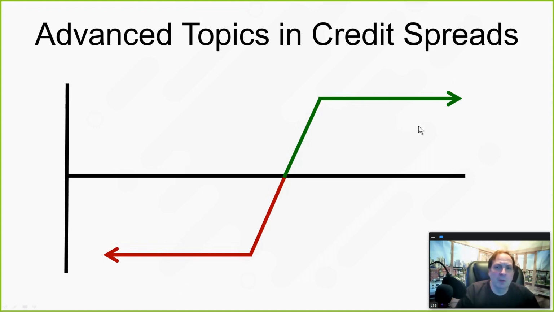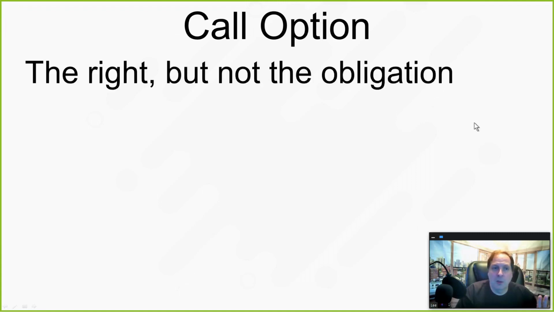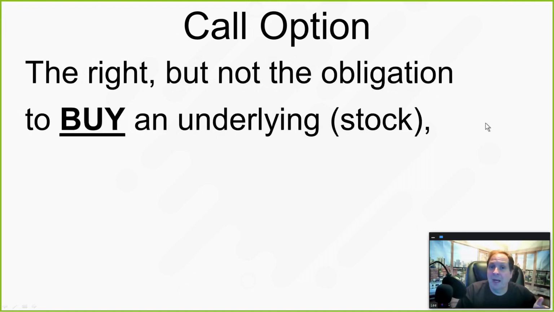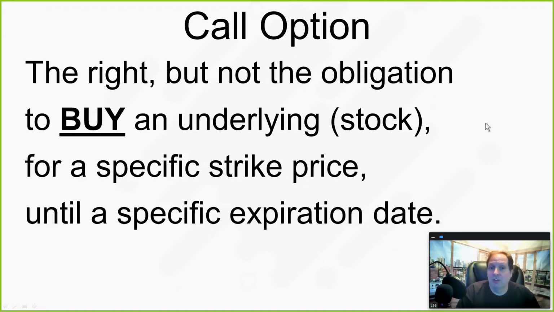Here goes. We're going to do a little bit of a review and see what a call option is. A call option is the right, but not the obligation, to buy an underlying stock for a specific strike price until a specific expiration date. So an example might be that you buy a call option and you have the right to buy a stock for $100 from now until November 15th, something like that.